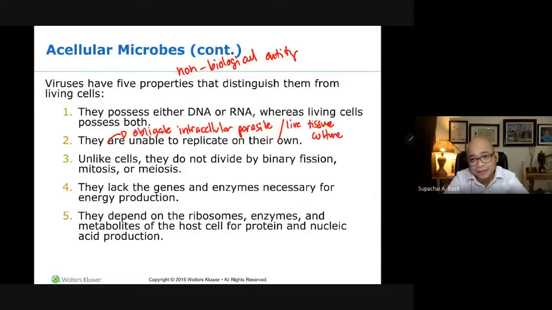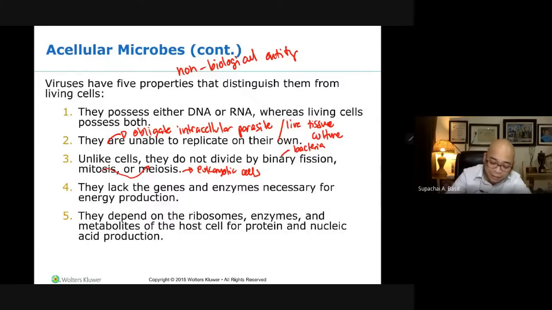Unlike cells, they do not divide by binary fission, because binary fission is for bacteria. Mitosis and meiosis are for the eukaryotic cells. So they do not divide by binary fission, and they do not divide by mitosis or meiosis.